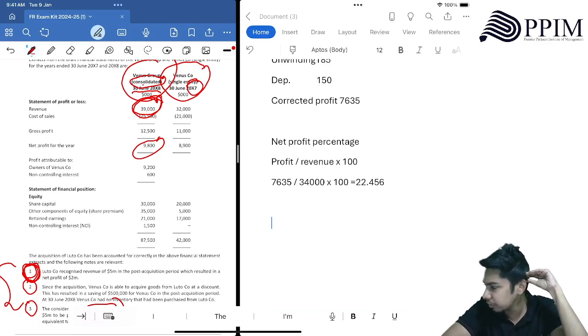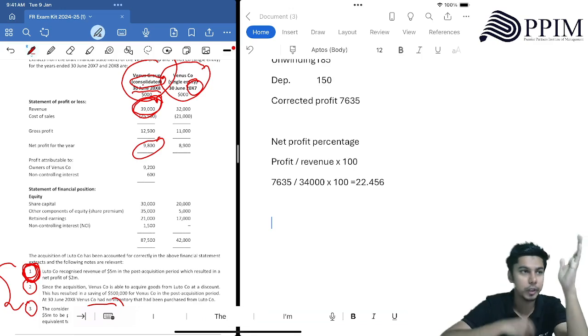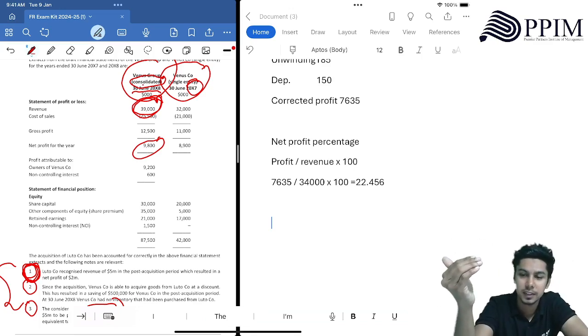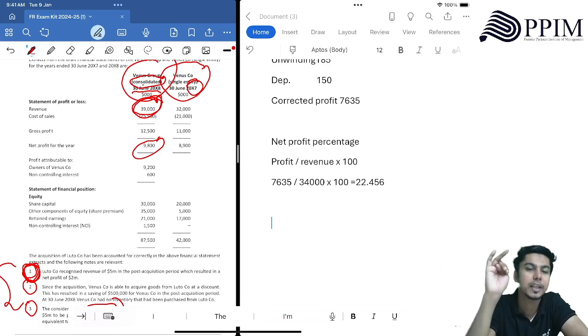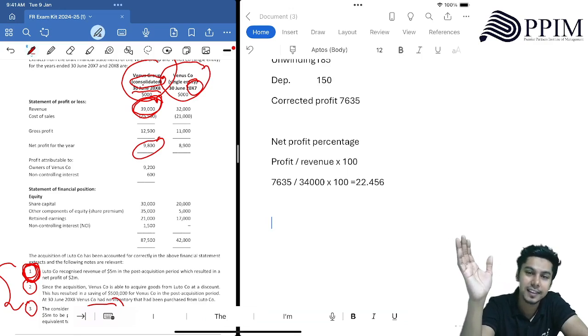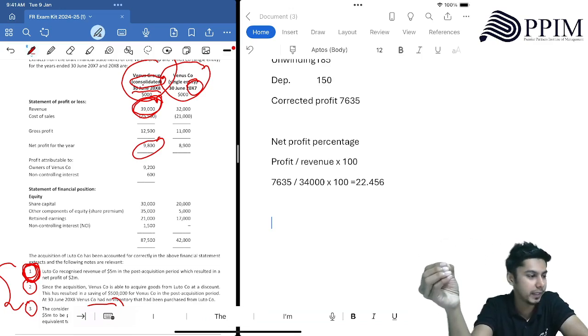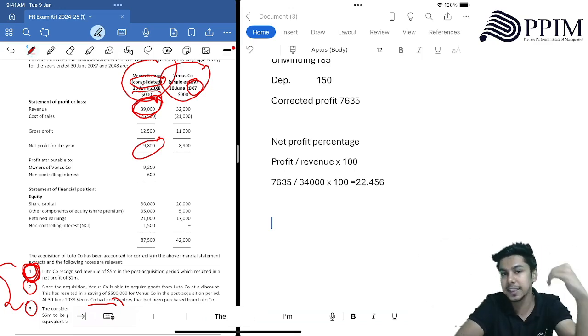When you take Venus, SOFP will only have Venus's assets, liabilities, and equity. But when you take consolidation, we have both parent and subsidiary. Assets and liabilities will have both Venus and Pluto.